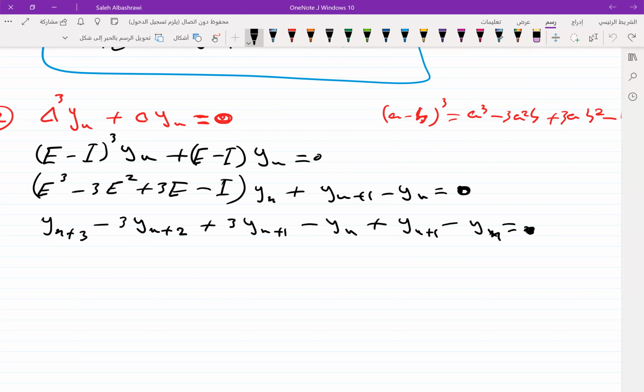I can combine the similar terms. 3 y sub n plus 1 plus y sub n plus 1 will give me 4, and minus y sub n and minus y sub n is minus 2 y sub n.